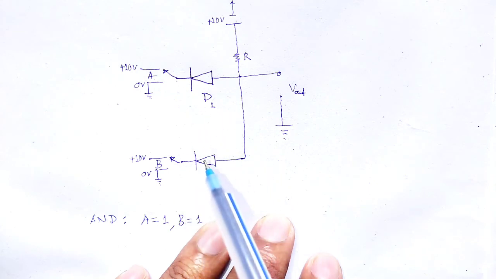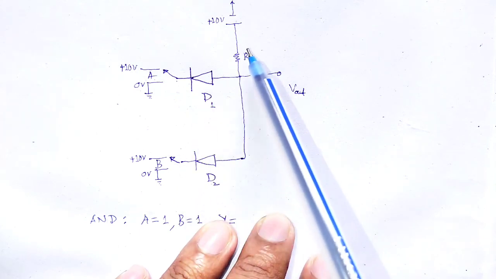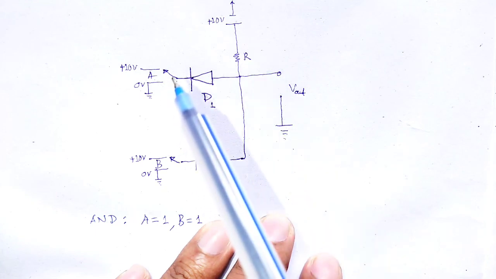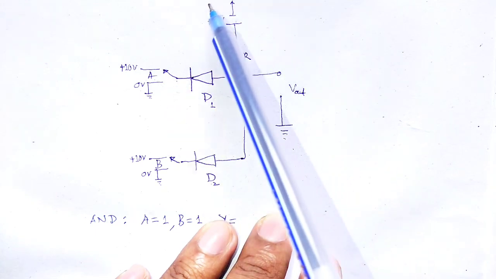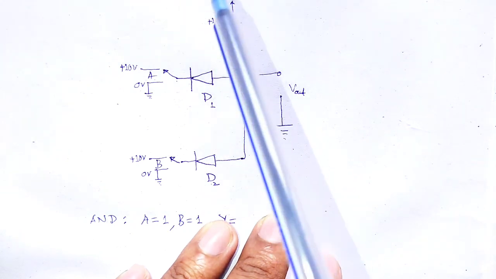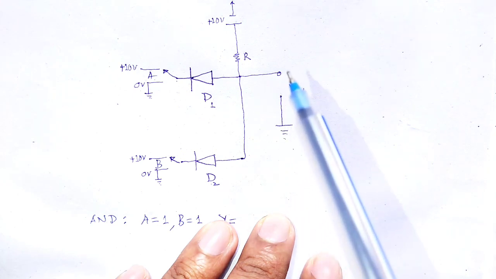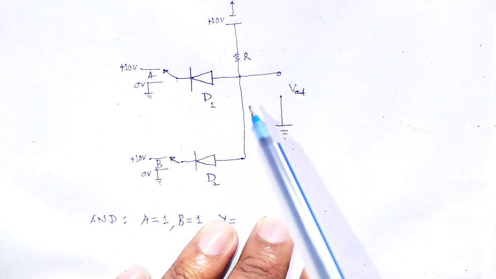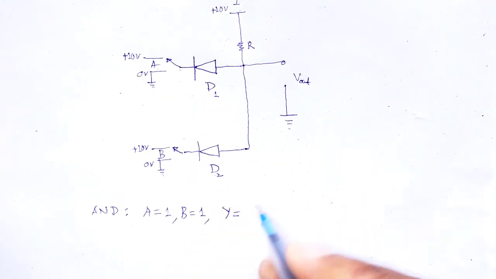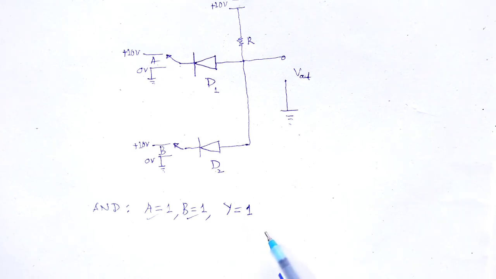Therefore, they do not conduct, causing no current in that of resistor R. Now, the output voltage is just as due to this additional 10 volt. In binary notation, we treat it as 1 and the voltage will be denoted as 1. So, Y is equal to 1. Thus, A as 1, B as 1, we have the output Y is equal to 1.